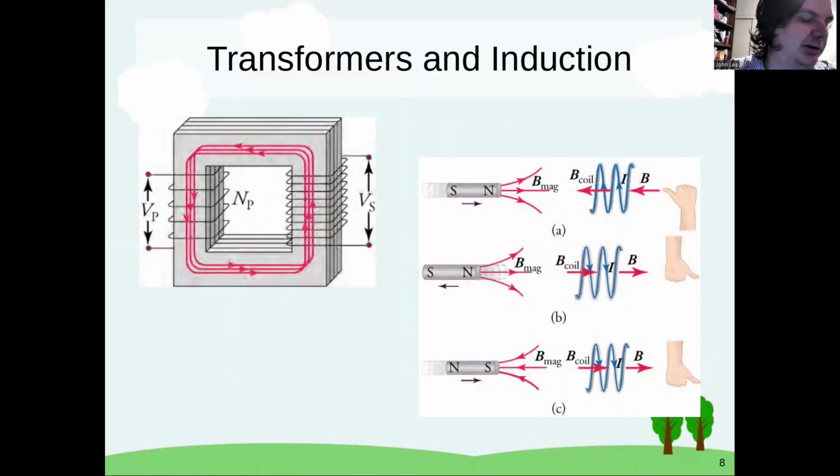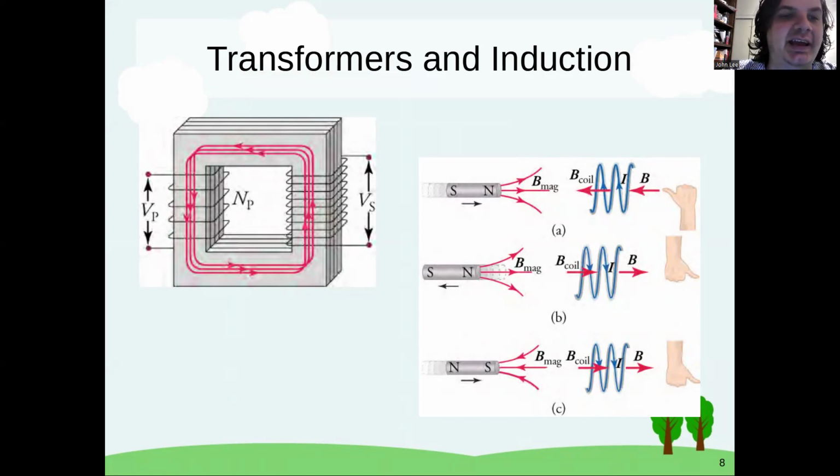When we talk about AC current, we pass massive amounts of AC current over power lines, over the countryside, because we want to not lose that energy. We want to keep as high of a power as possible, but we don't want that when it comes to our house.